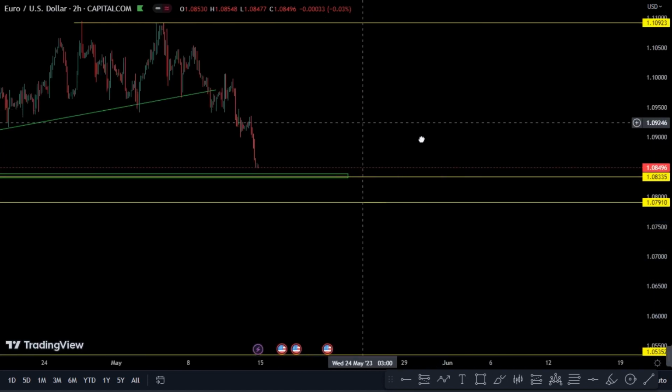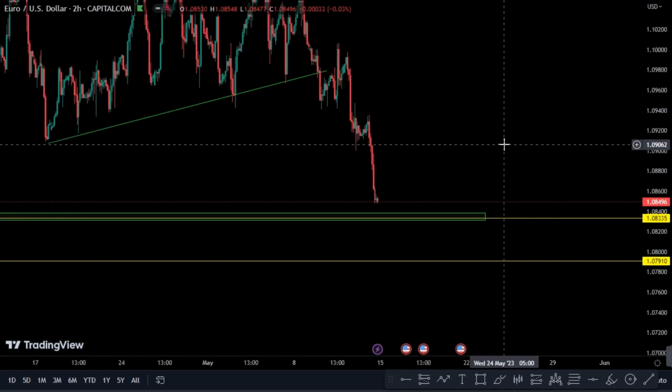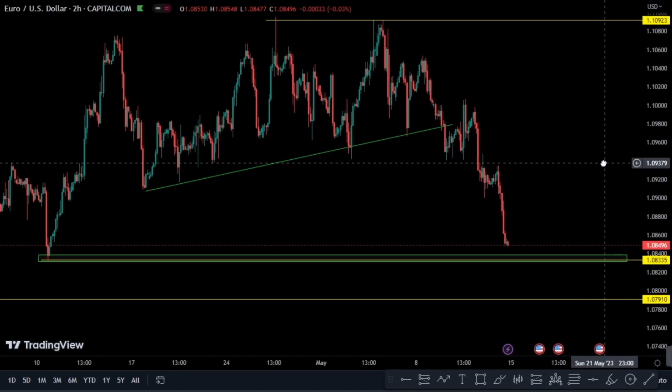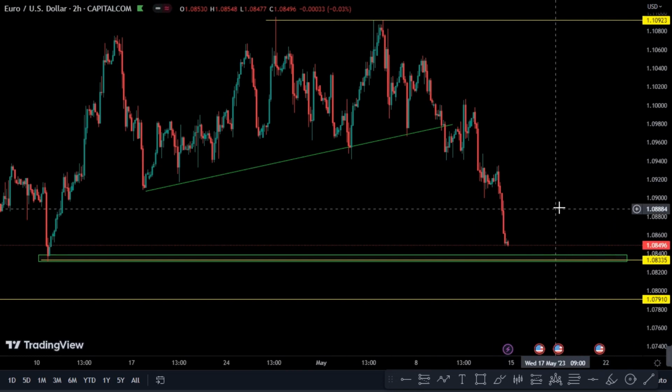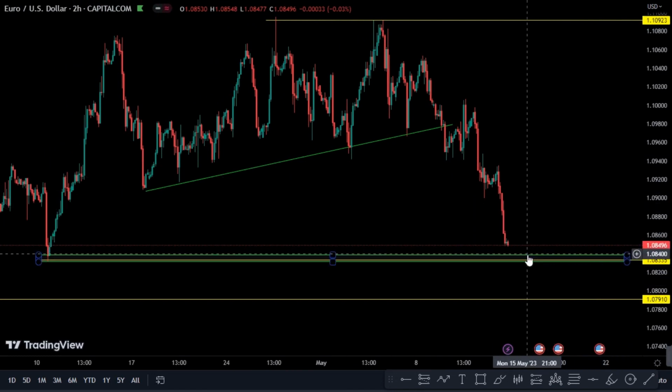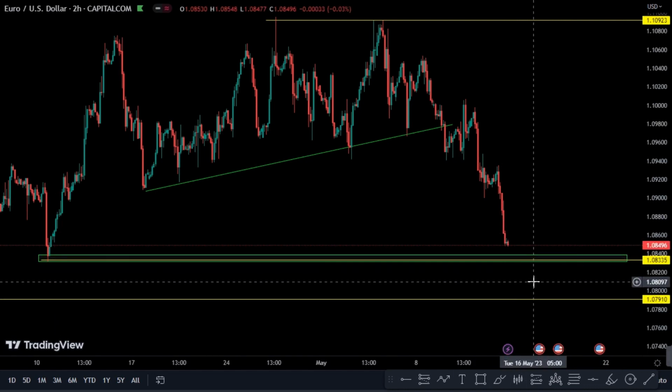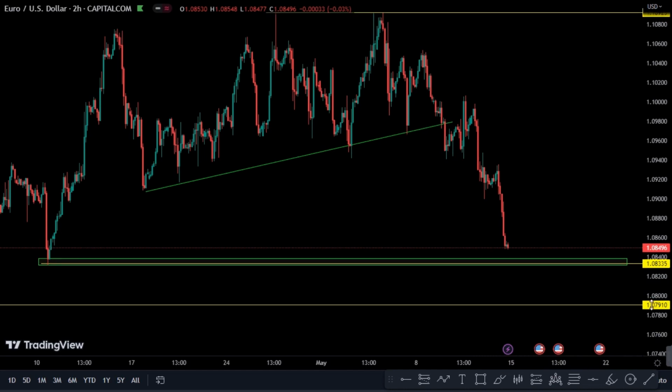It has to move in waves. We have to have an impulse and a correction in order for the market not to crash. Otherwise, everyone would be making money in the forex market if the market were to move in a single straight line.